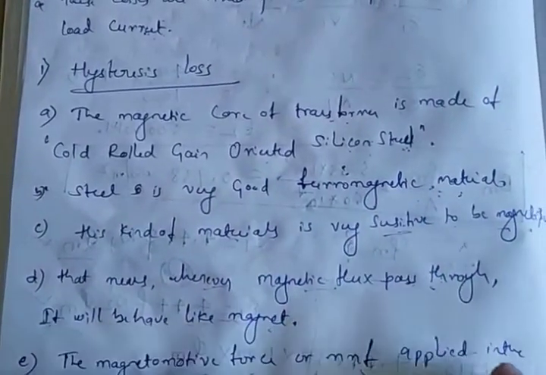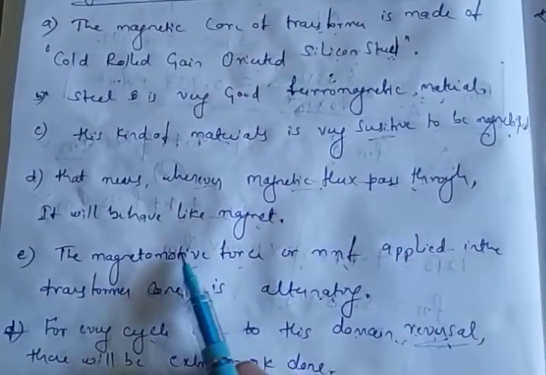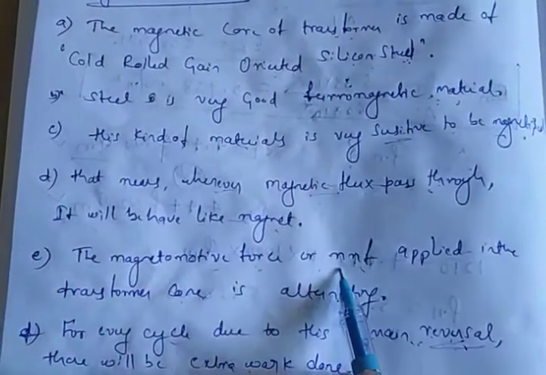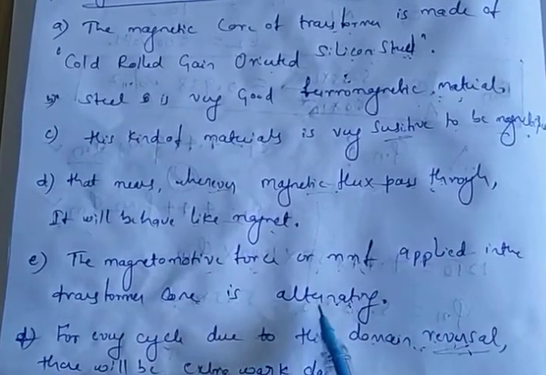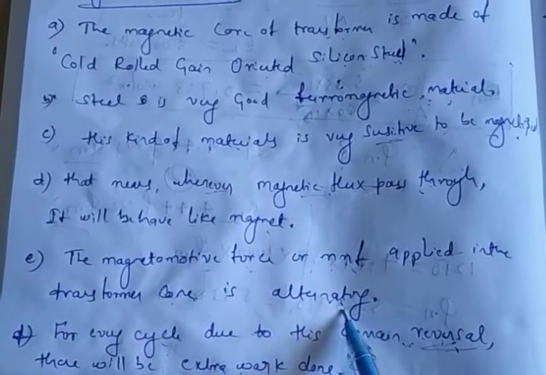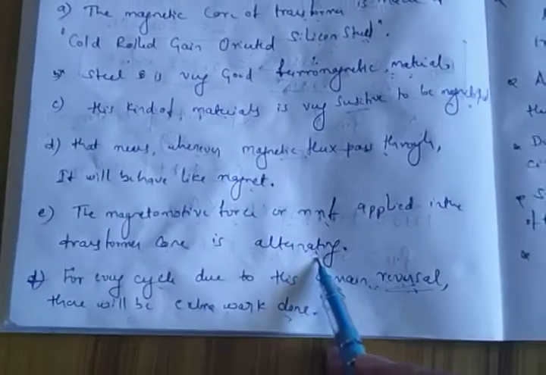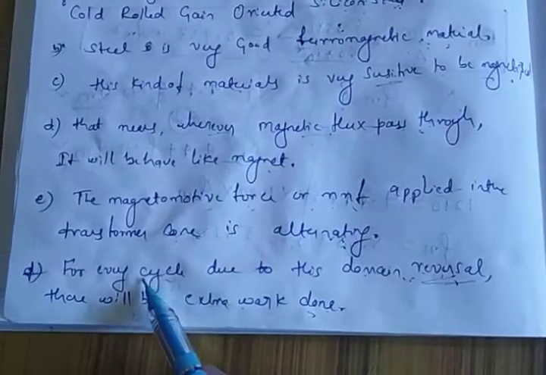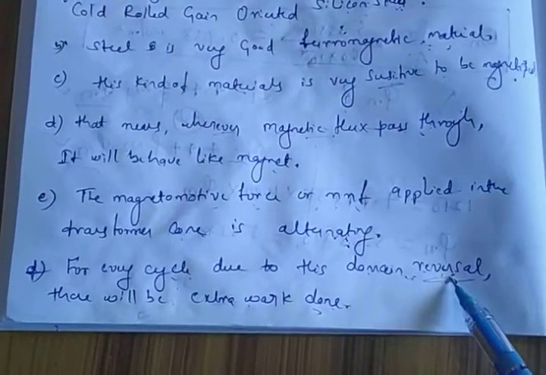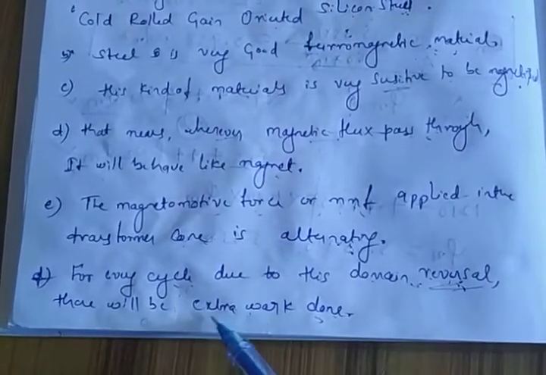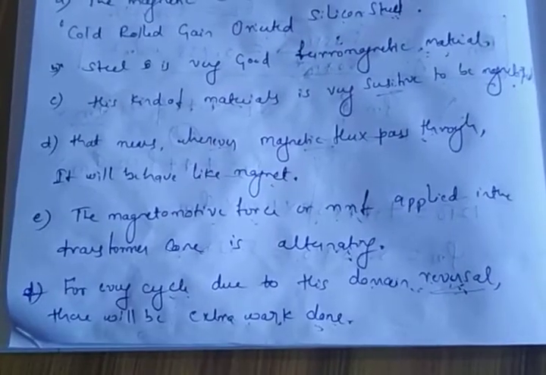In the transformer, the magnetomotive force, or MMF, applied in the transformer core is of alternating type. So what happens due to the alternating supply for every cycle? Due to this domain reversal, there will be some extra work done.